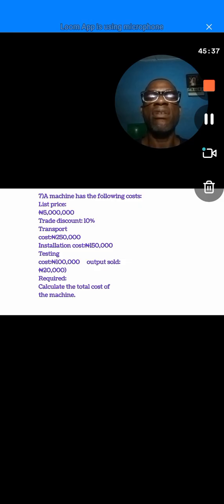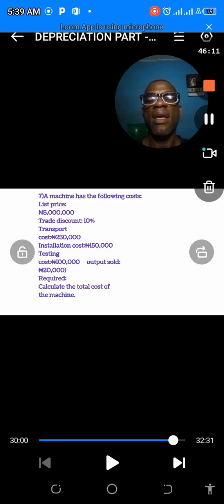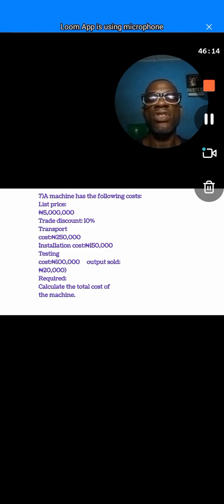The last question is there, question 7. A machine has the following costs listed. List price is 5 million. Trade discount is 10%. Transport cost is 250,000. Installation cost is 150,000.